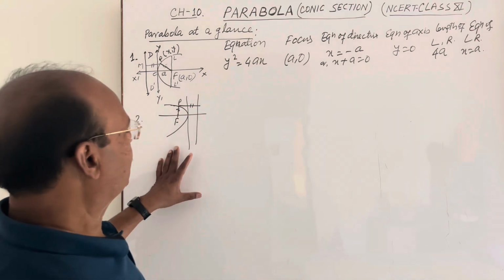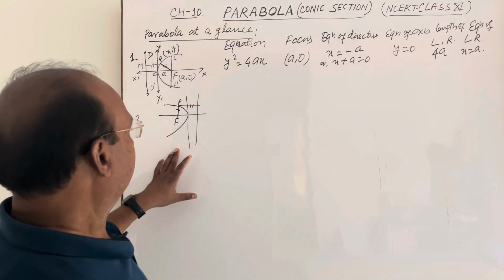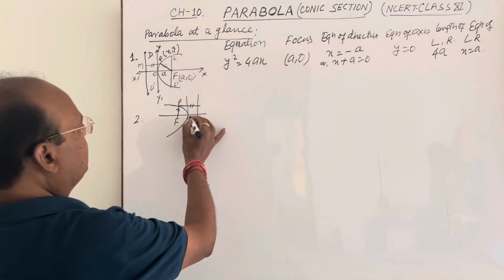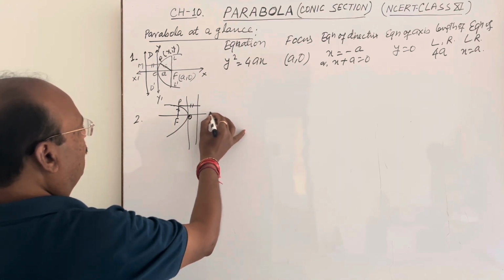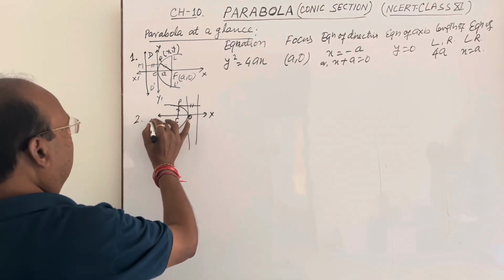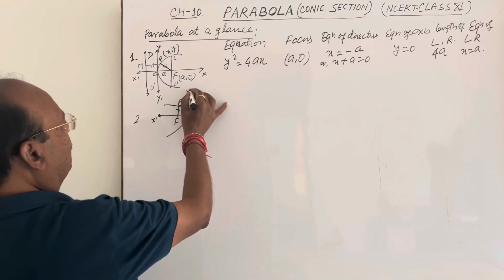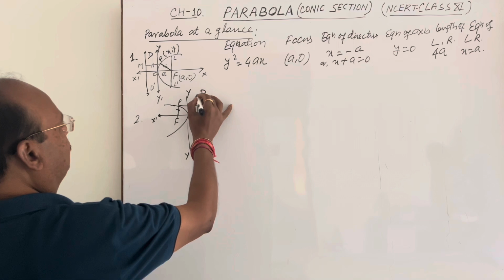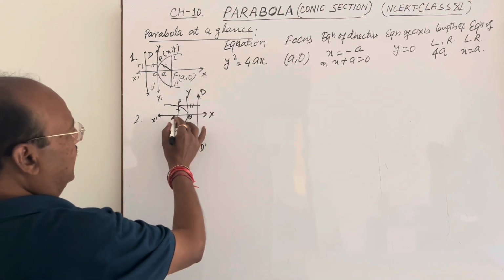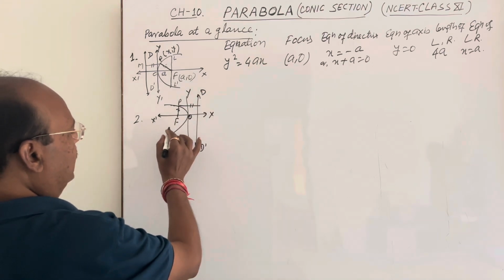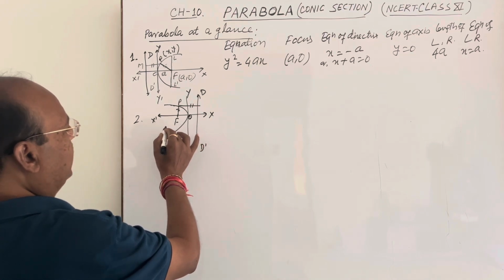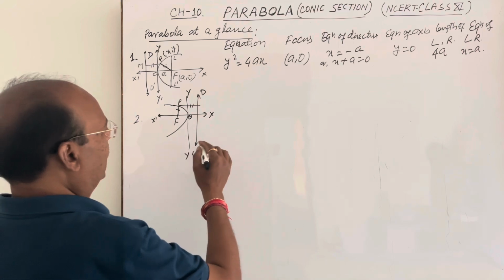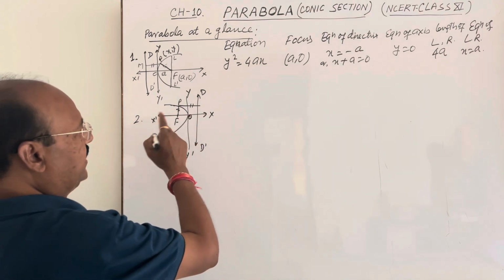So in this case, in place of A we have to write minus A, because here the focus is on the left side of the origin. This is the x-axis or axis of the parabola, this is the y-axis, and this is the directrix. So in this case, the focus is to the left of the origin, so the coordinates of focus are minus A, 0.